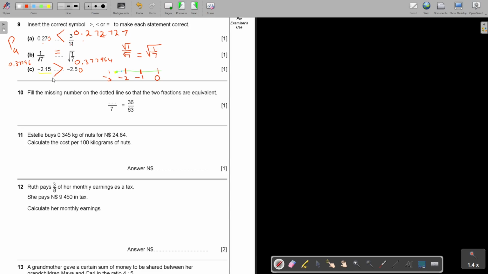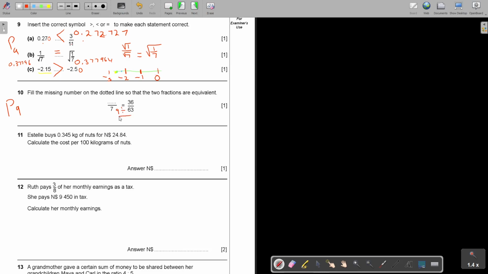Fill the missing number on the dotted line so that the two fractions are equivalent. You will find this on page 9 in the Mathematics Part 1 Ordinary Level textbook. Now, you must just see what they did with 63 to go to 7. If you say 63 divide 7, they were dividing by 9.